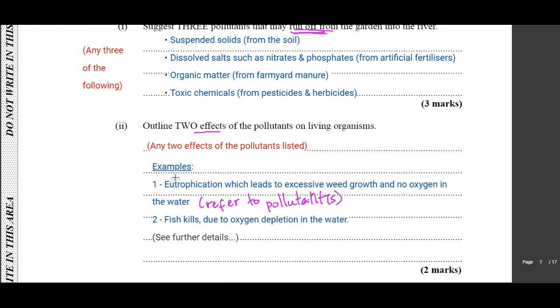And so the examples I gave here are eutrophication, that's going to produce excessive weed growth, and that's going to deplete the oxygen in the water. And then you have fish kills because of the oxygen depletion, which is basically you just see a whole lot of dead fish showing up on the shores of a river or on the beach, etc. Of course, in this case, we'll be talking about a river.